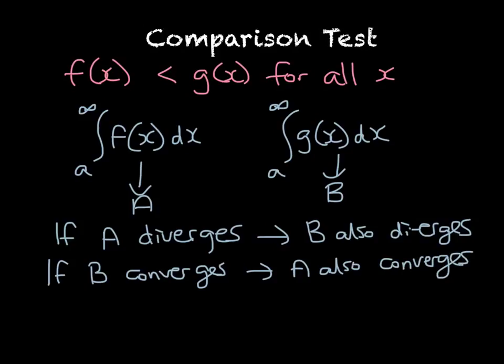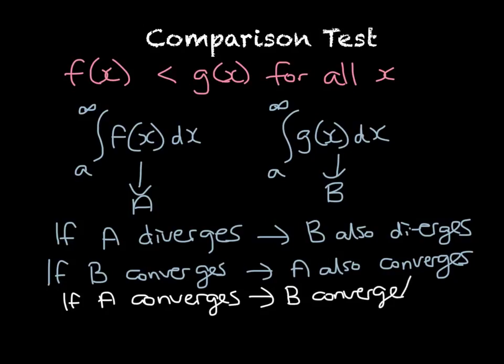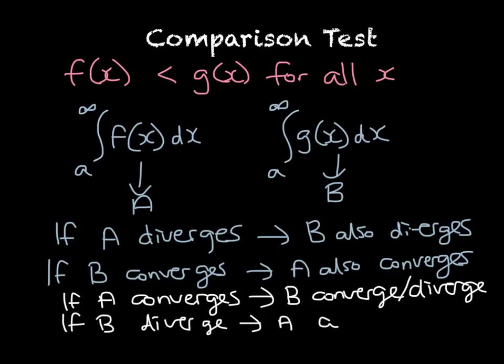However, we have to be really careful here, because it is not true that if a converges, we can also say that b converges. b could converge or diverge. We don't know anything about it. Similarly, if b diverges, then that doesn't tell us anything about a.